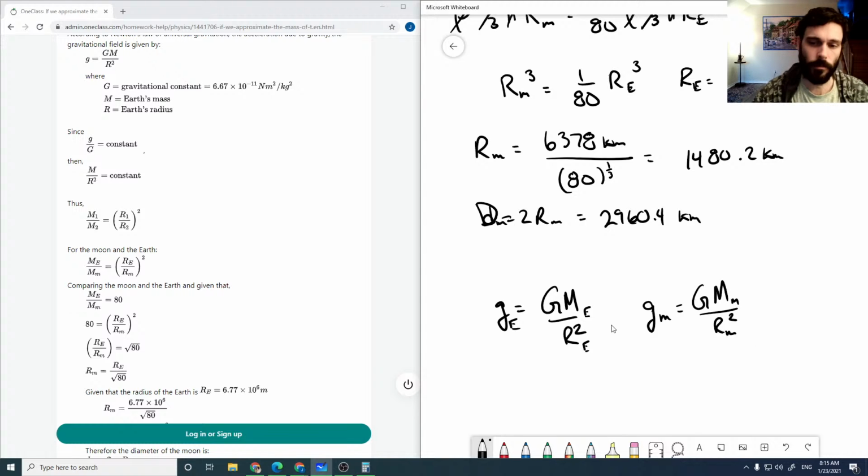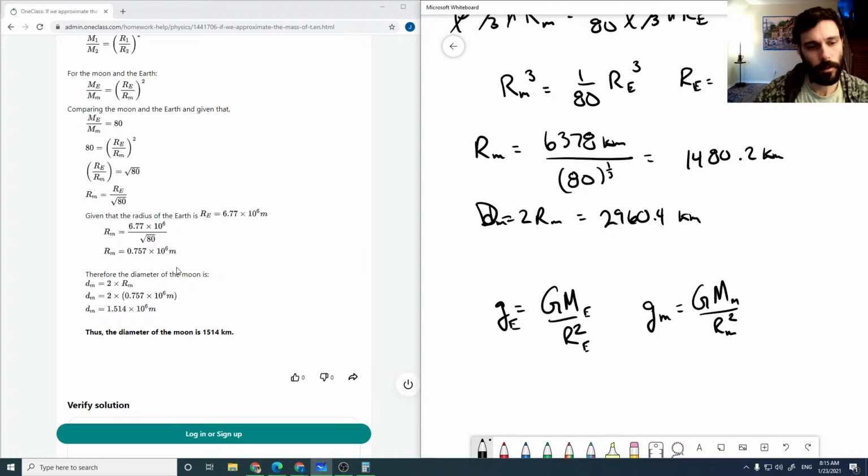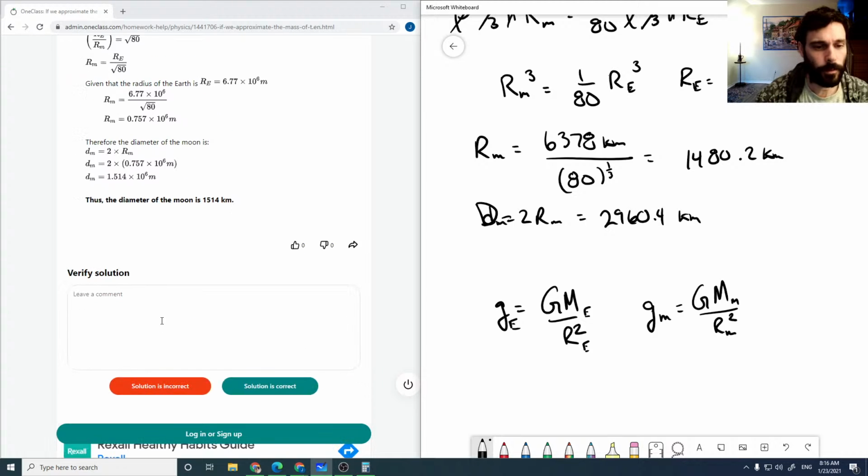So we could use the difference in the gravitational acceleration, but that wouldn't work. And in fact, we can see this doesn't work because the diameter comes out to be half the actual diameter of the Moon.